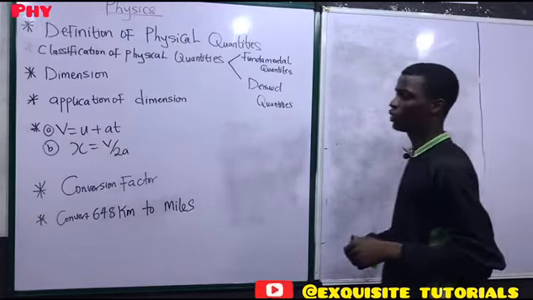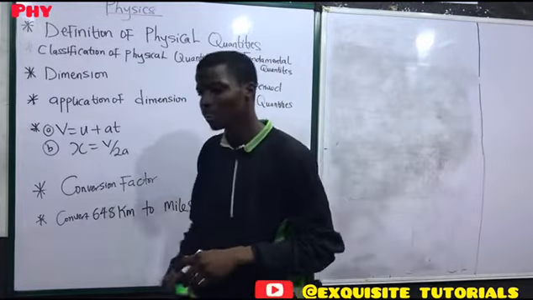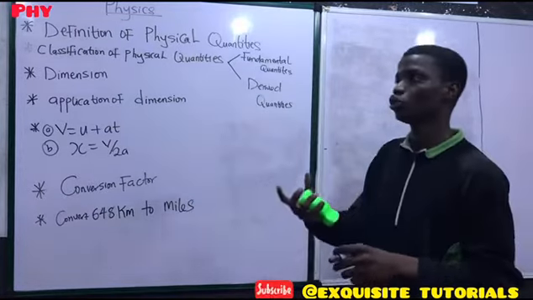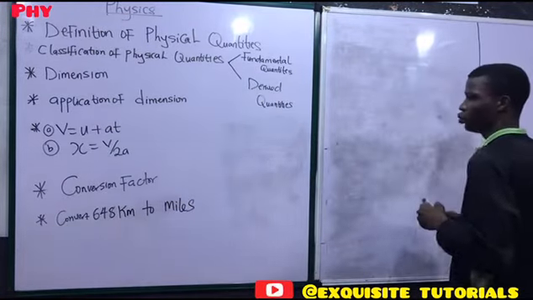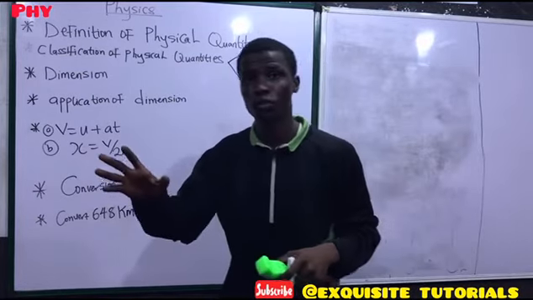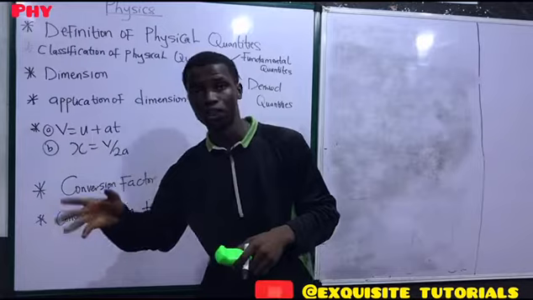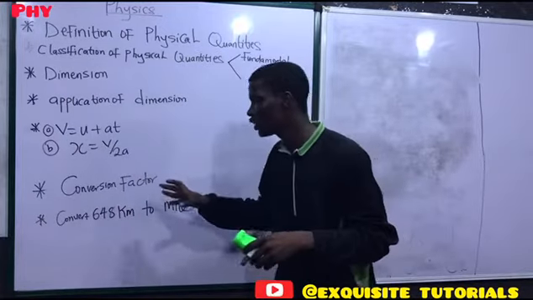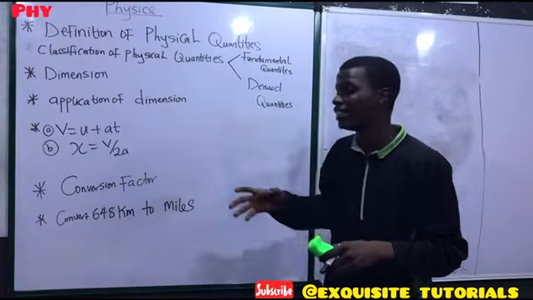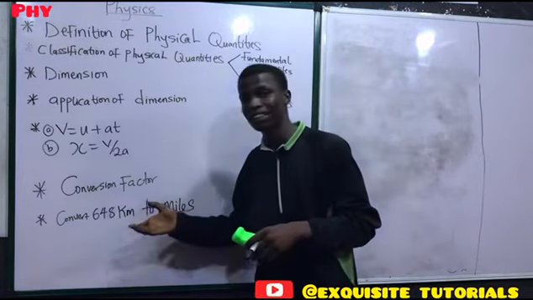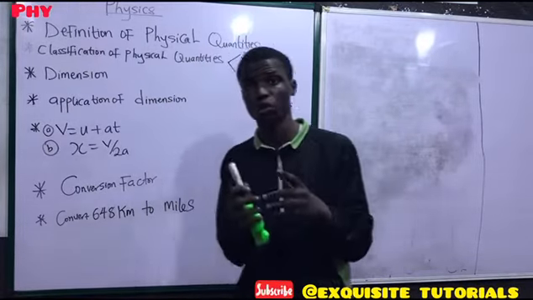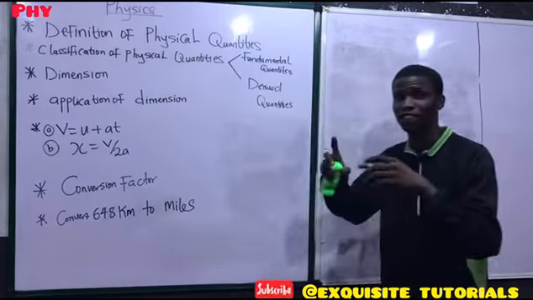Outside that, we have the conversion factors. A conversion factor is a system that we use in converting a particular unit from one unit to another unit. Take note, if you are trying to convert a unit, the quantities are represented as an algebraic equation, in the sense that they can be multiplied and divided with each other.